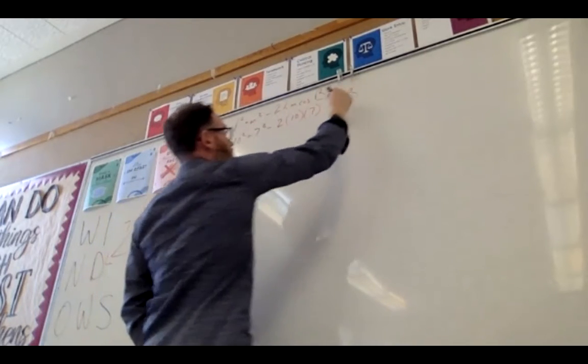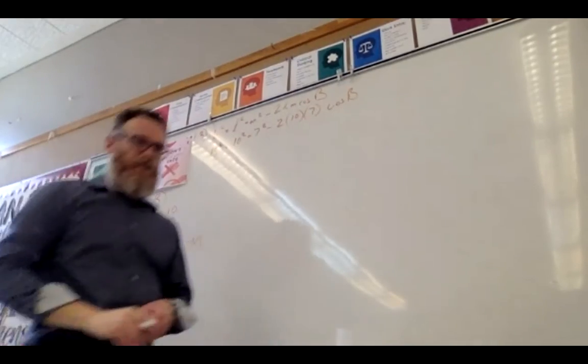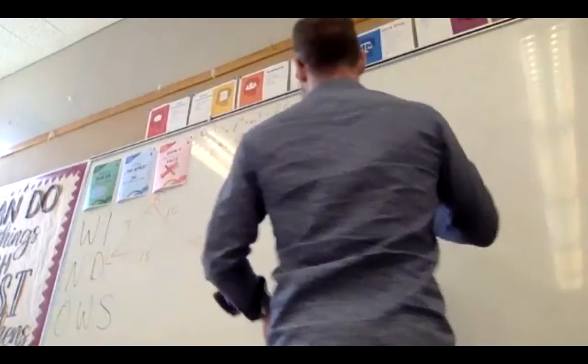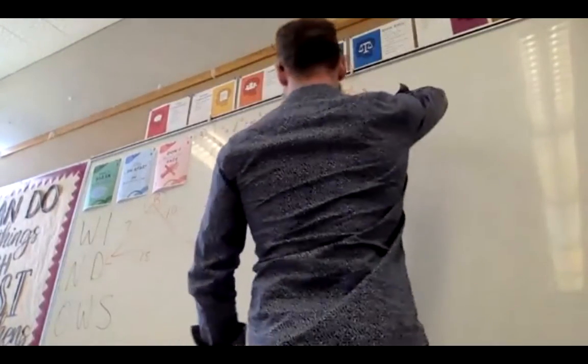cos of B. Now in the textbook, I'll write this in a different color just in case you want it. In the textbook, it shows a way, and I won't be giving you this formula, so you'll have to find it yourself.